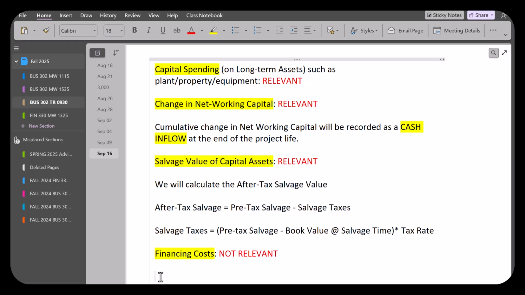Today, I'm going to build an Excel template for you to make depreciation calculations under different depreciation methods and regimes. And given those, we're going to make calculations on after-tax salvage values. First, depreciation methods.